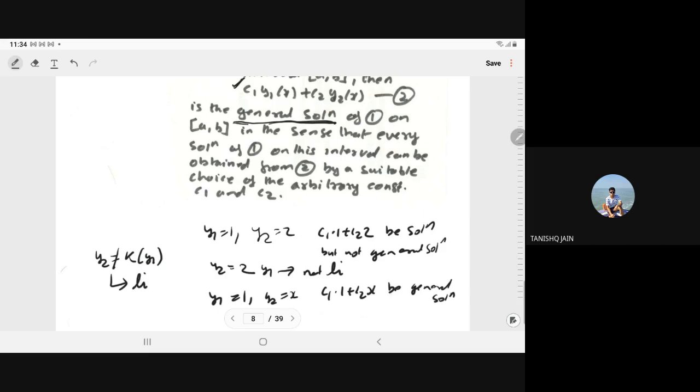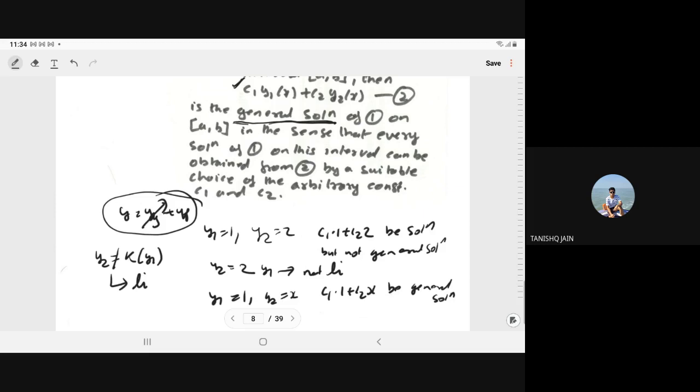So when y1 and y2 are LI, then only c1 y1 plus c2 y2 is the general solution of the homogeneous differential equation. And for writing y is equal to yg plus yp, this yg must be the general solution of the homogeneous equation, then only you can write the general solution of the non-homogeneous equation.